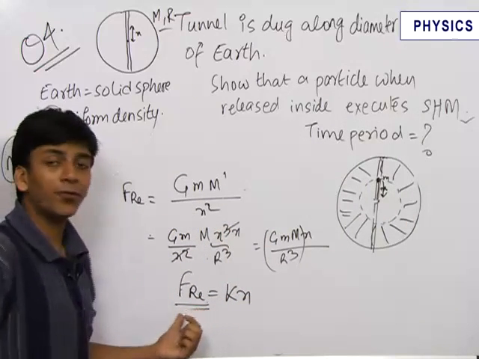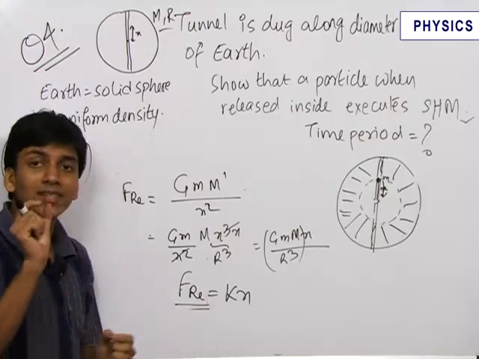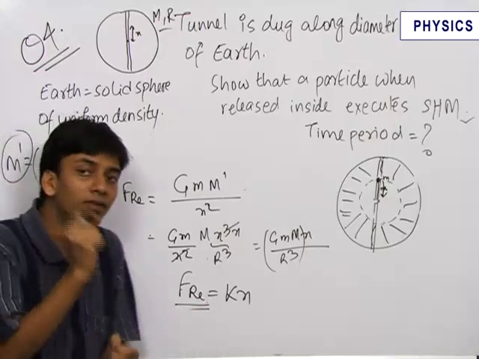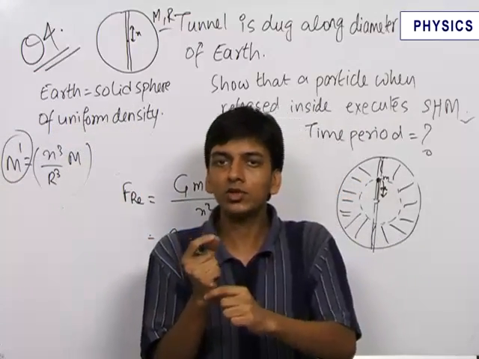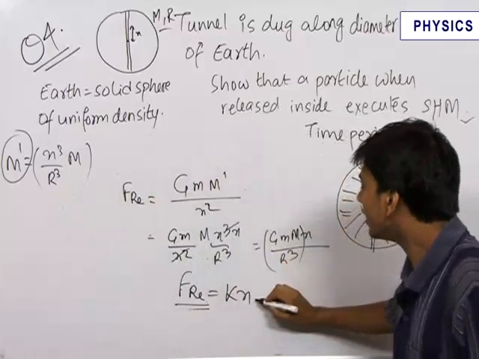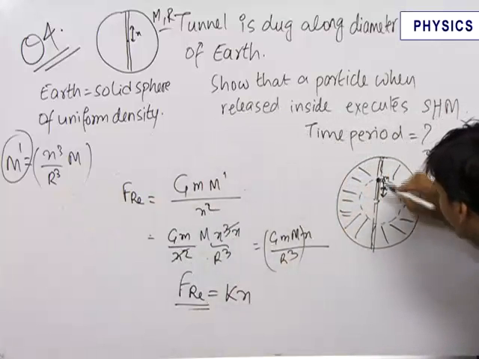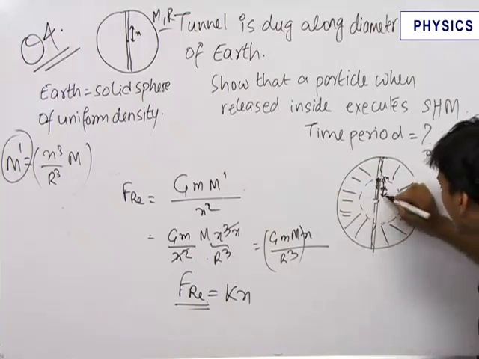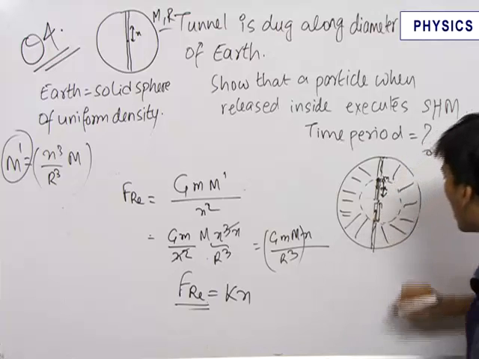Mind you, the formula for SHM is F equal to minus kx, but the minus sign only tells you the direction, that whenever the displacement is from the equilibrium position, the minus sign tells you that the force will bring you back to the equilibrium position. So we have already taken the direction into account here: when the displacement x is in the upward direction, the attractive force is in the downward direction, and when the displacement x is in the downward direction, the attractive force is in the upward direction.